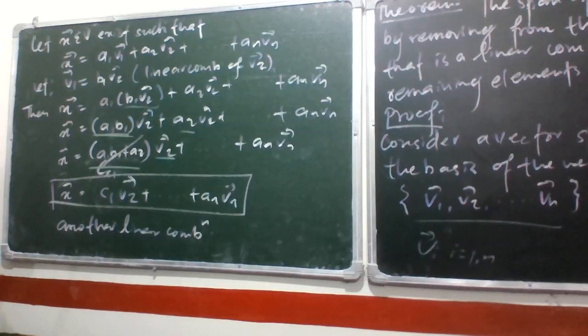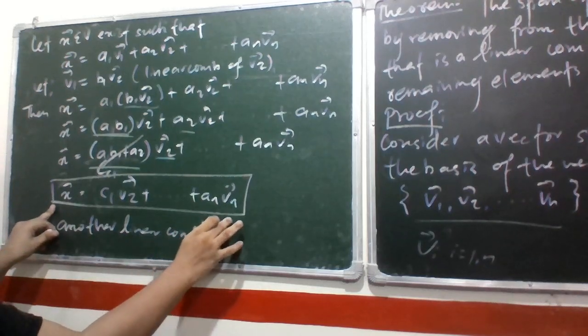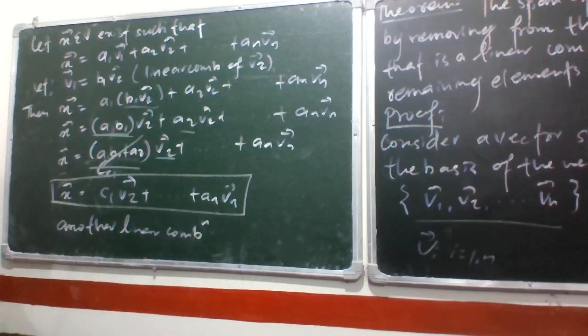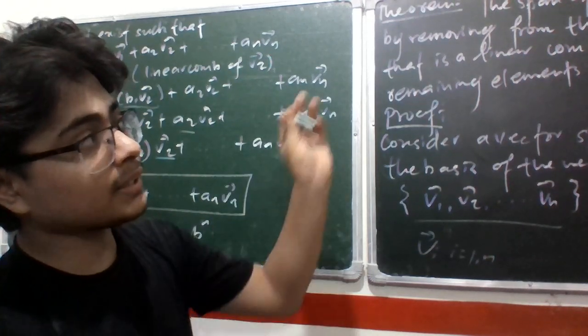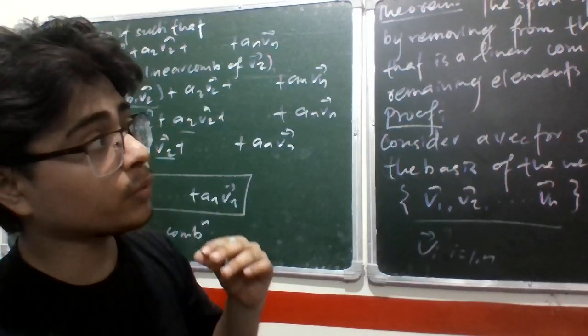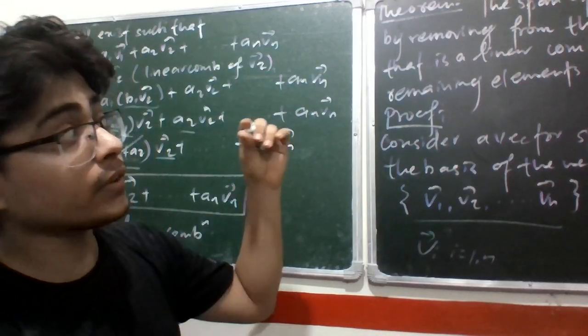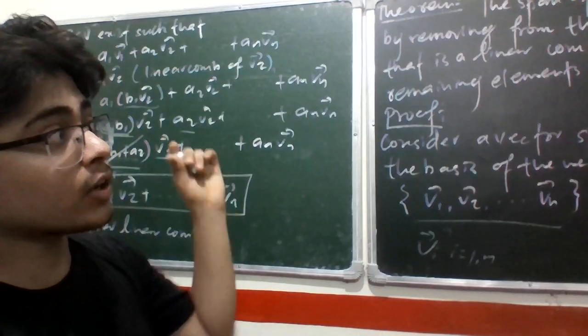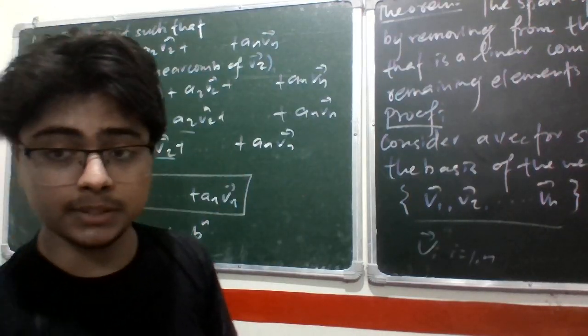So that means that here we again got a linear combination X, and it proves the theorem that the span of a set is not affected by removing from the set one element that is a linear combination of the other remaining elements of the set. Okay.